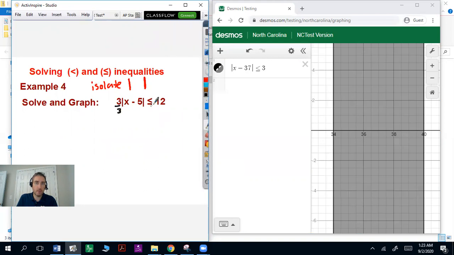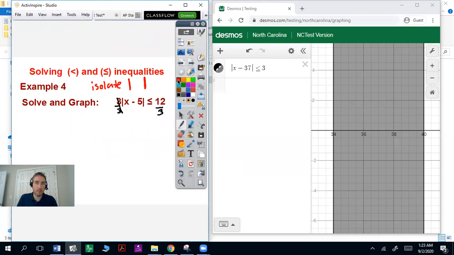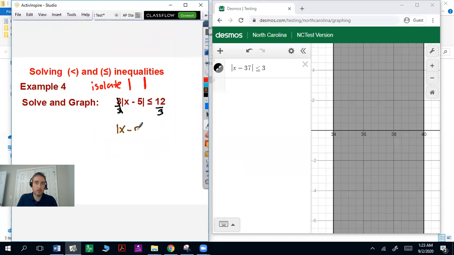We're going to divide the 3 out, and then we're going to be left with absolute value of x minus 5 is less than or equal to 4. Now, to actually solve this without using a graph, what I do is I write like a sandwich inequality, okay?